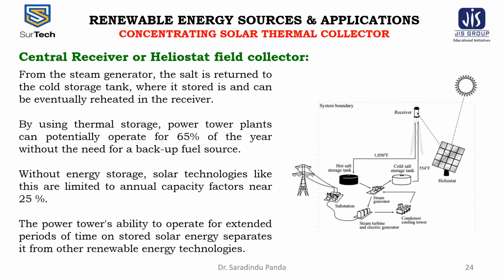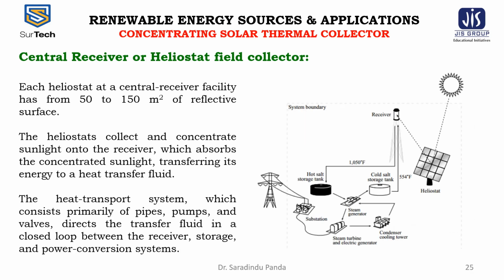Without energy storage, solar technologies like these are limited to annual capacity factors near 25%. The power tower's ability to operate for extended periods of time on stored solar energy separates it from other renewable energy technologies. Each heliostat at a central receiver facility has from 50 to 150 square meters of reflective surface.